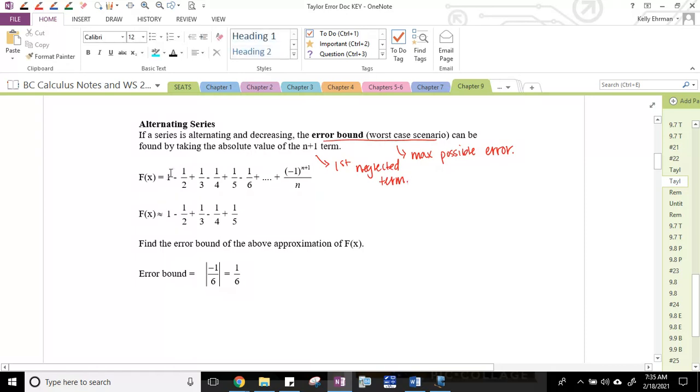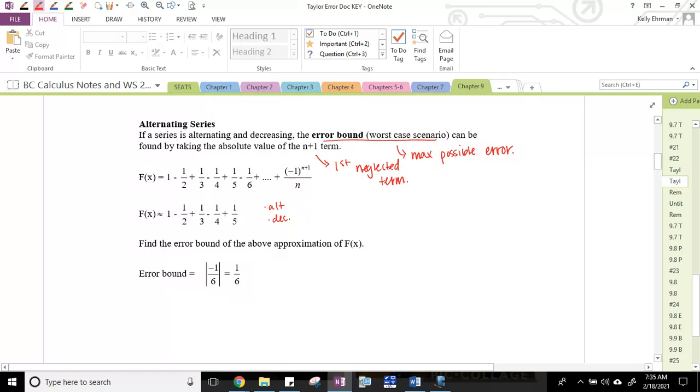So for example, here's our alternating series, right? It's a Taylor polynomial, taken out to n terms. So if our approximation for that function is 1 minus 1/2 plus 1/3 minus 1/4 plus 1/5, that is alternating. The terms are decreasing. And so therefore I can say, oh, this is an alternating series. So whatever my approximation is for this alternating series, the error bound will at most be the first neglected term.